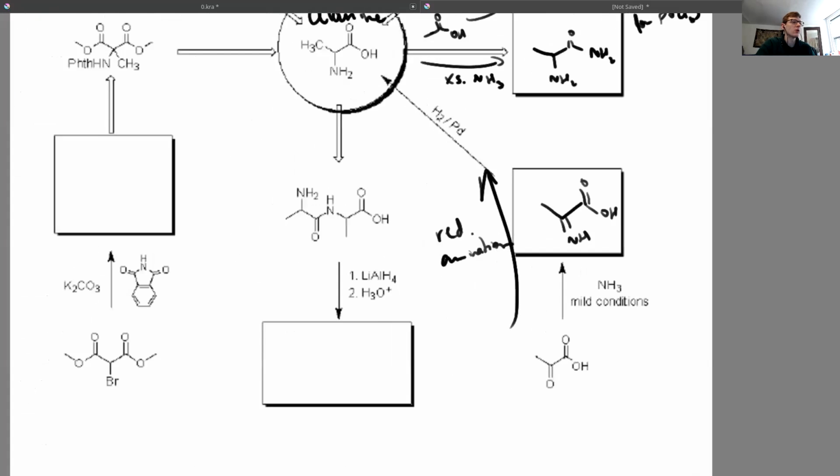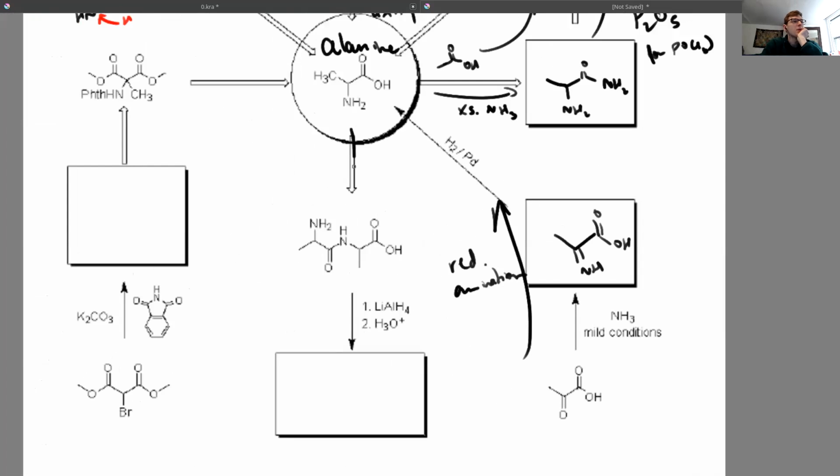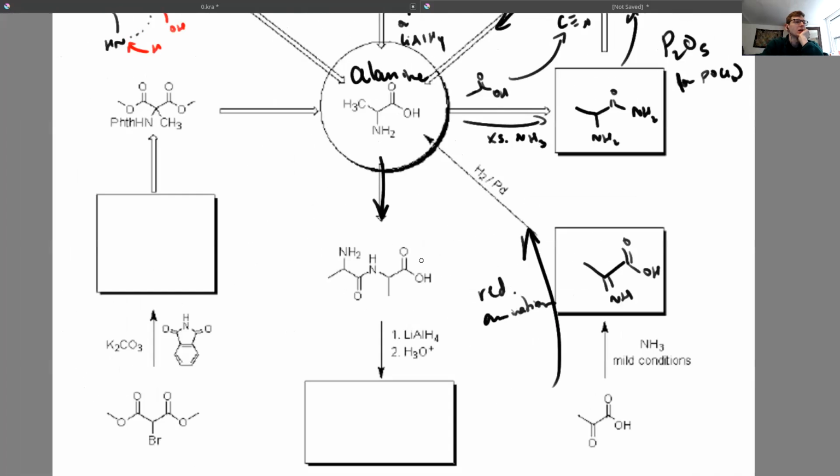There's a reductive amination. Okay, cool. Let's say we want to go from alanine down to here, which is adding an entirely new amino acid. No, is it? Yeah, it's adding a second alanine. Disgusting.